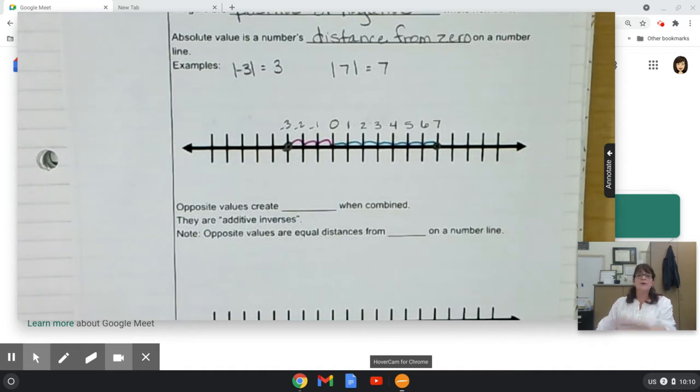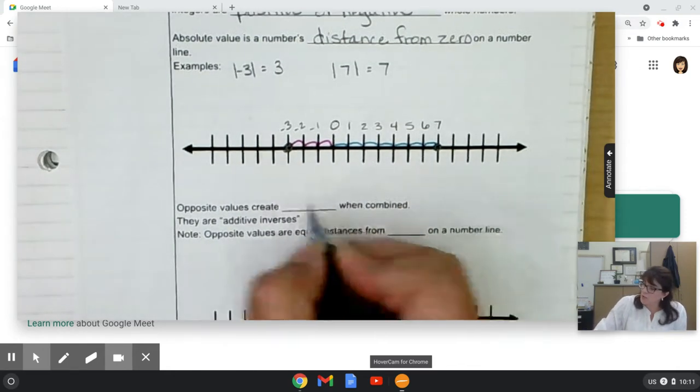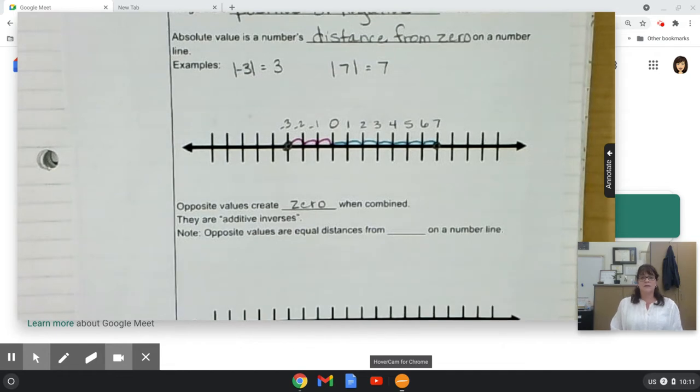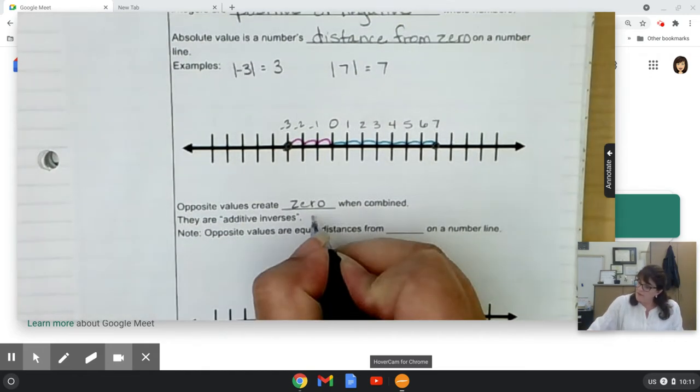Now we're going to talk about opposite. Opposite and absolute value are not the same thing. Definitely not. Opposite values create 0 when combined. Here's where you guys are probably going to say, duh. The other name for them is additive inverses.